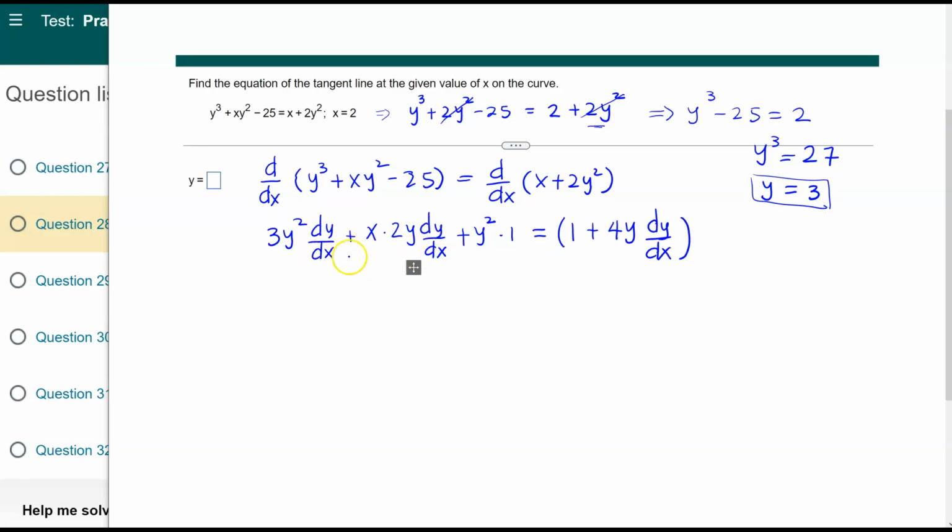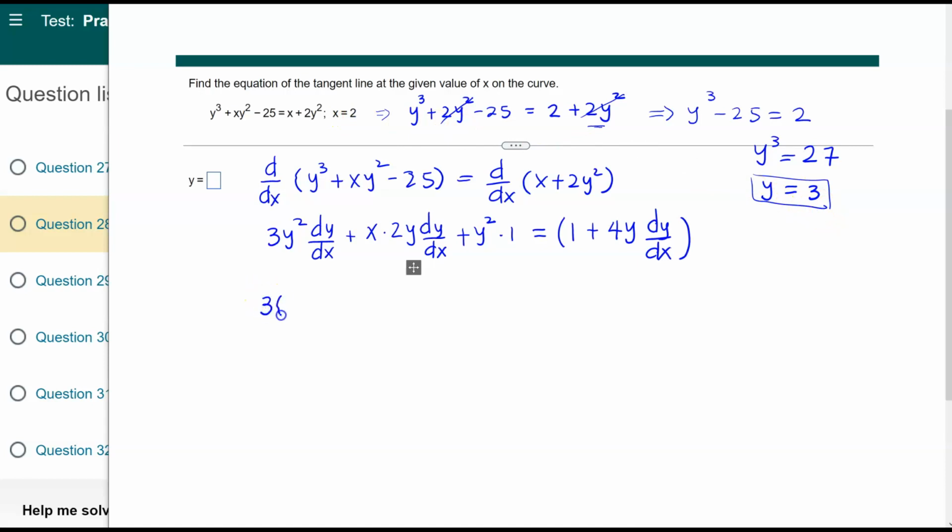Then you can come back here, we can solve for dy dx. So no need to isolate dy dx because we want the value for that. All we need to do now is to just evaluate this expression by x equals 2 and y equals 3.